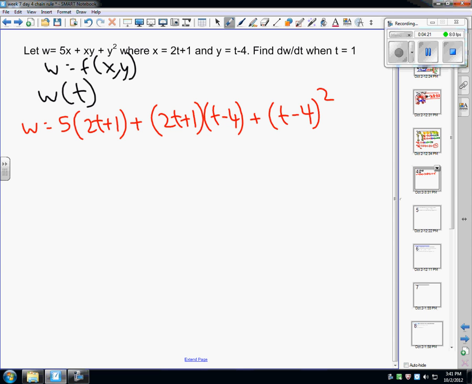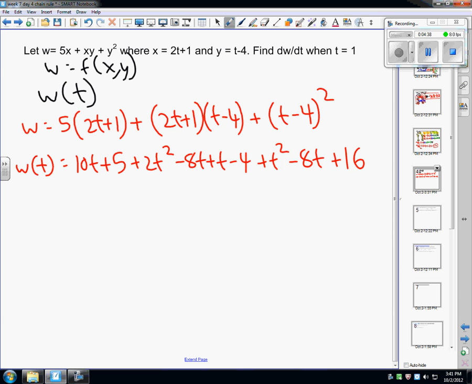Everything's about t. So if I want, I could simplify this a little bit. I have 10t plus 5 plus 2t squared minus 8t plus t minus 4 plus t squared minus 8t plus 16. Again, that line there, straight algebra, not calc right now.